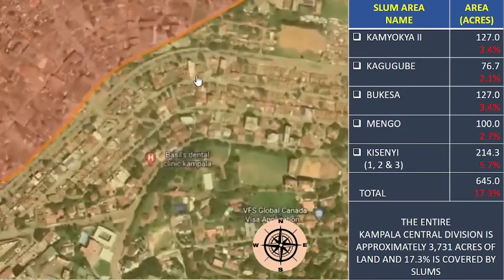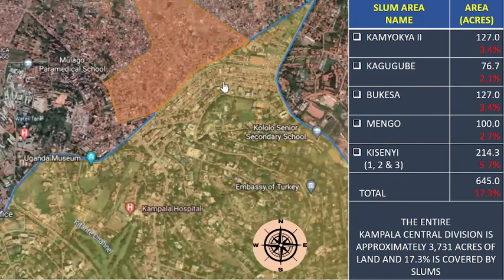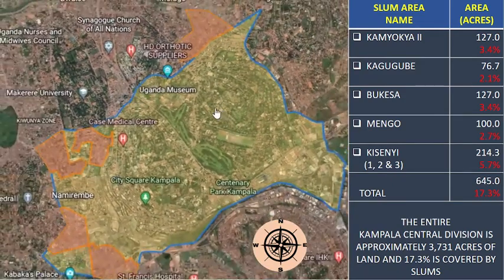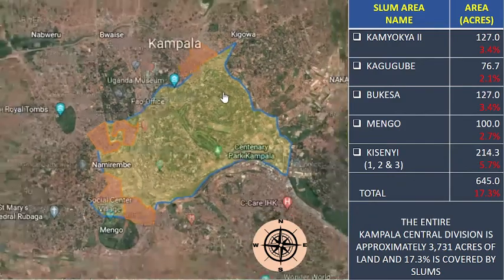It is only when you come maybe around Kamwokya area here that you see some bit of planning that could have been put to another level. At least you see well-defined roads and buildings that have direct access to some of these roads. But short of that, especially the residential sections, you don't find any particular area within the Kampala Central Division that is properly well planned.